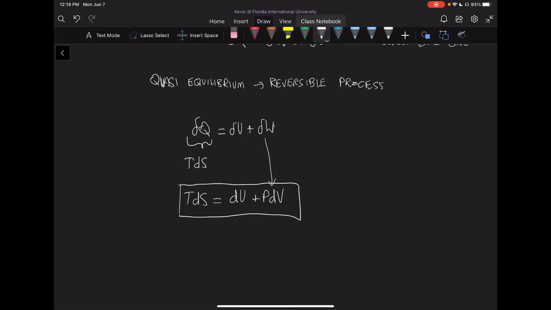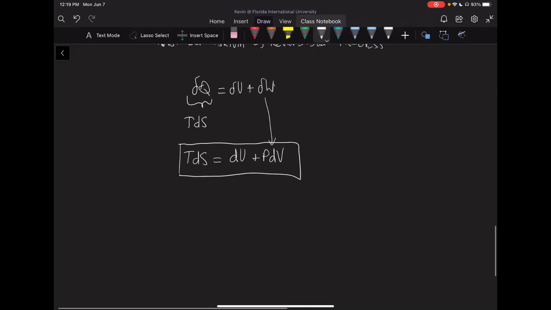Now, our second equation is derived from the definition of enthalpy. So let's say we have H is equal to U plus PV.